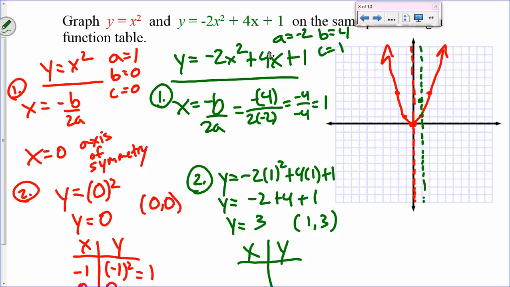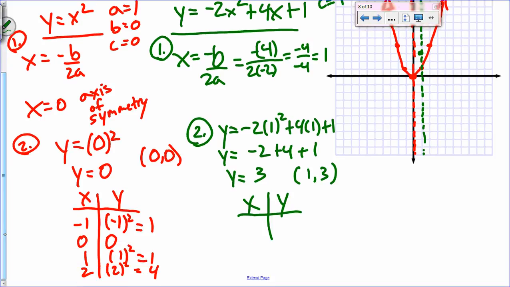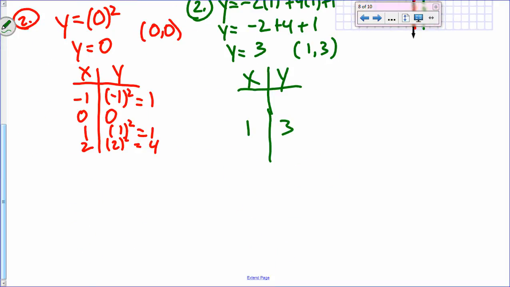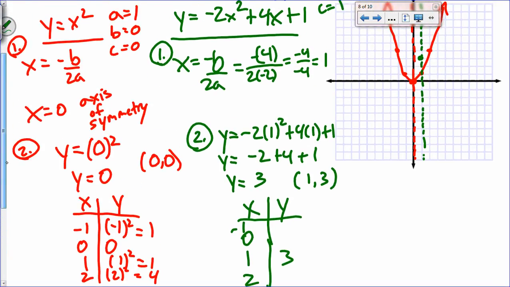We've got the point (1, 3) already. Let's pick a couple x values that are greater than that, let's go 2 and 3. Those points would then reflect to 0 and -1, the values to the left of our axis of symmetry.